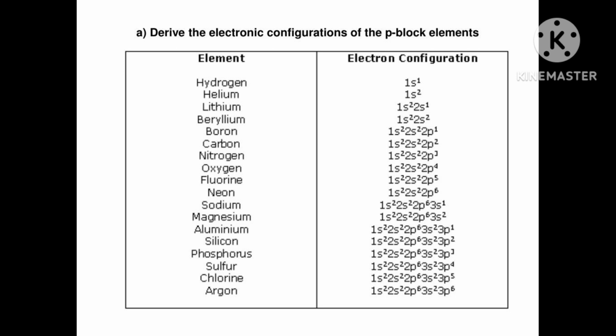For example, while boron forms only BF4⁻, aluminum gives AlF6³⁻.